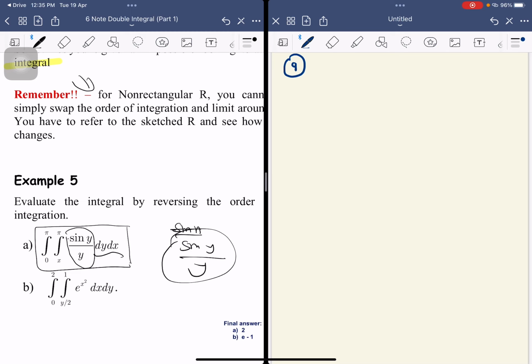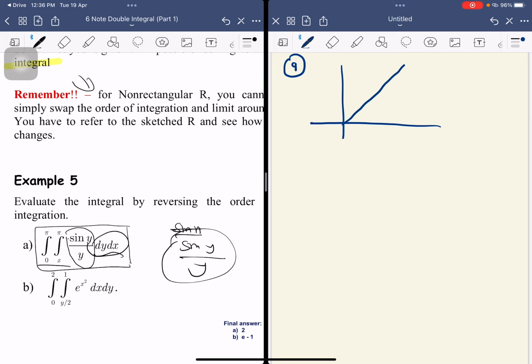In order for you to integrate correctly, you must identify the region. To identify the region, we need to follow the original order. So let's sketch it. We have y equal to x, so we have a line over here.